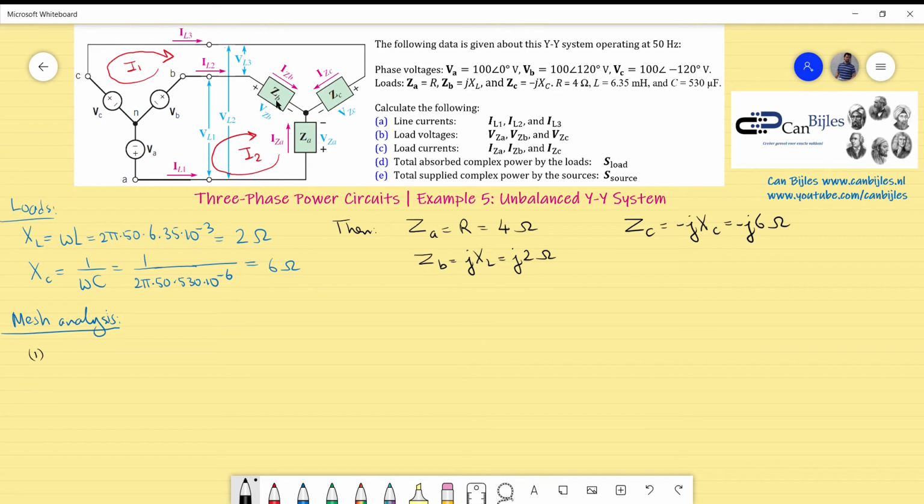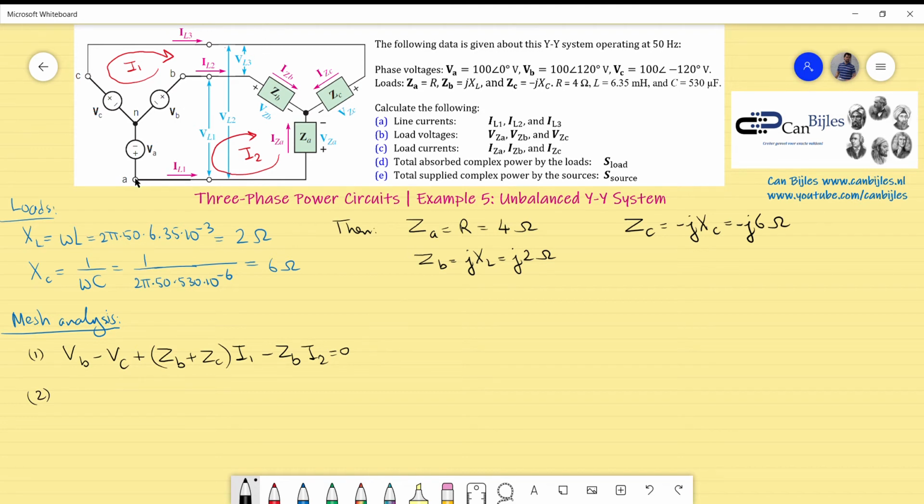So what we have is VB minus VC, plus ZB plus ZC times I1, minus ZB times I2, which will result in 0. That's the loop voltage for this first one.